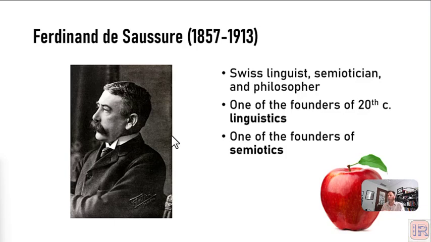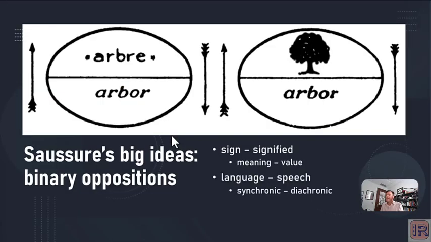So this first video is going to focus on the works of this guy, Ferdinand de Saussure, a Swiss linguist, semiotician, and philosopher, one of the founders of 20th century linguistics, one of the founders of semiotics, a man who sported a pretty dope mustache, and a guy who died, unfortunately, young before he was able to publish his own works, but his students collected his notes and edited them and published them in 1916 as the course on general linguistics, where they would prove to have an influence on, among others, Roman Jakobson's (see my video) and Russian formalism.